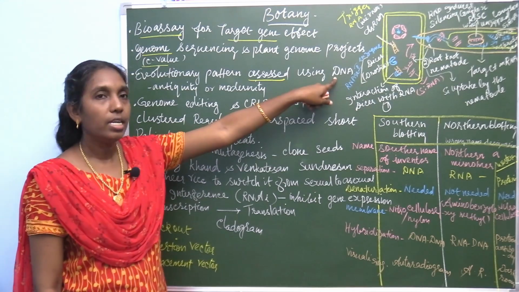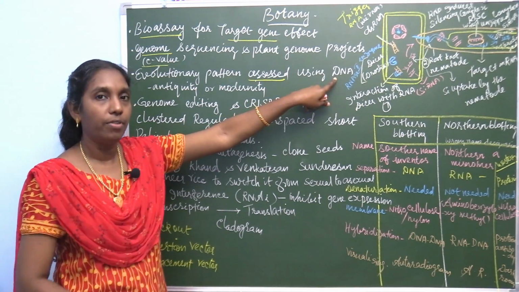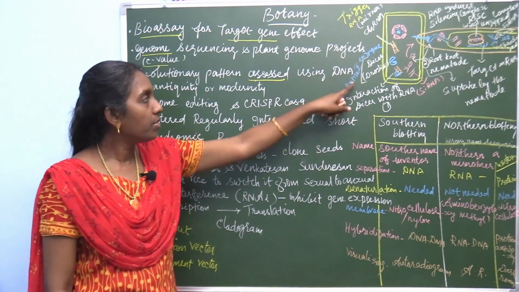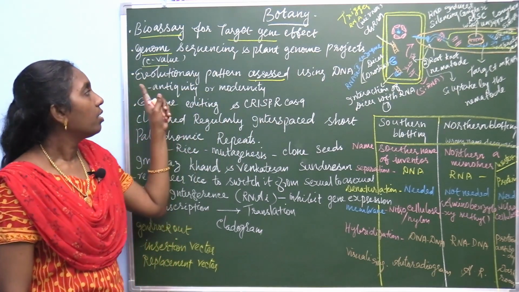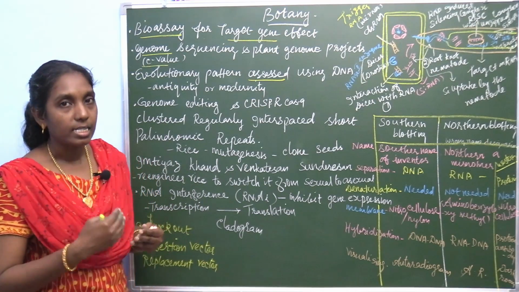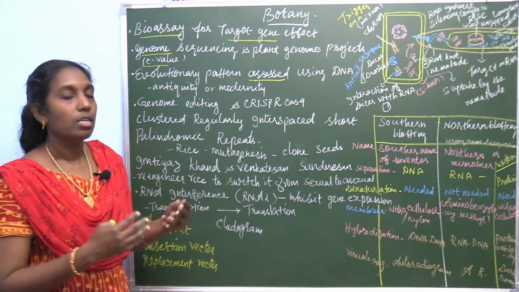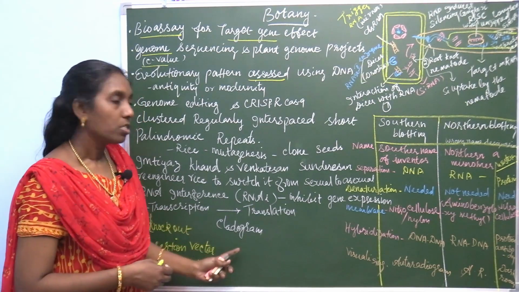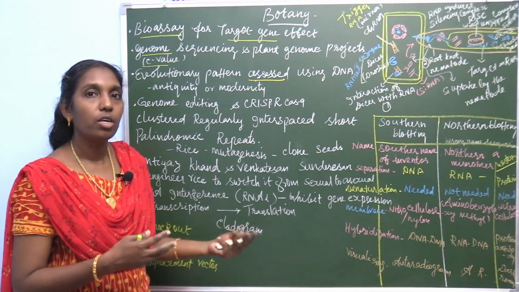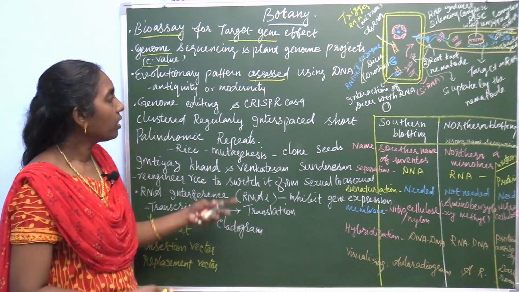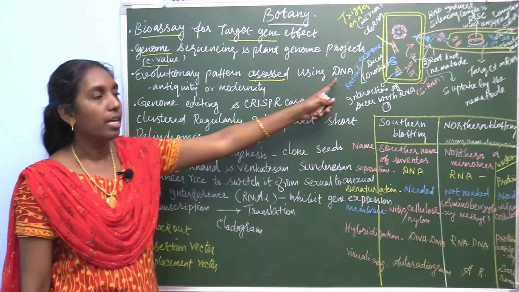Based on the content of DNA and the characteristics of DNA, the evolutionary trend can be assessed. It is indicated in the form of a cladogram. In short, a cladogram is an evolutionary tree based on the DNA content.